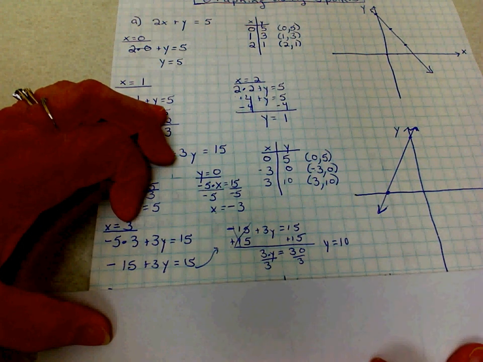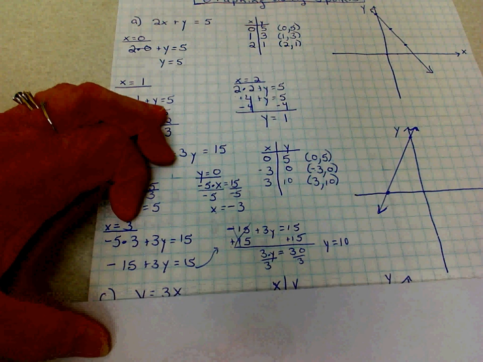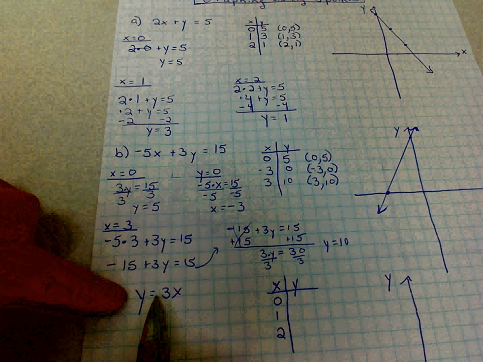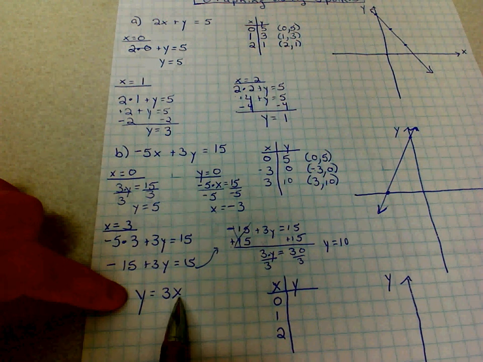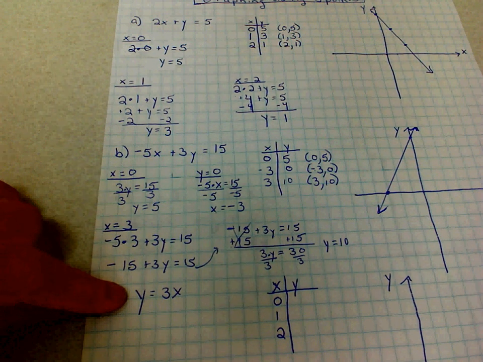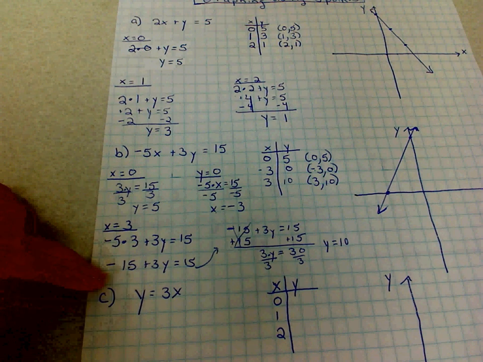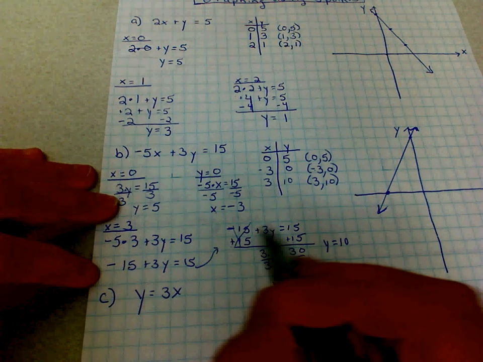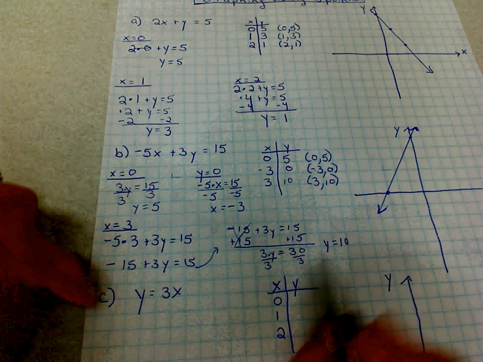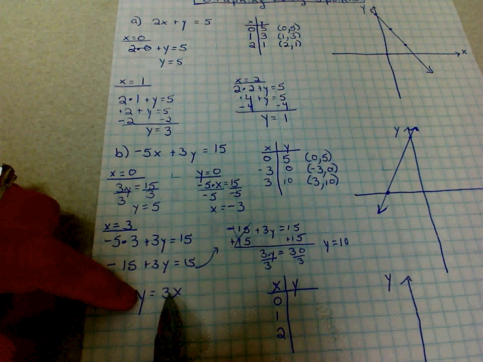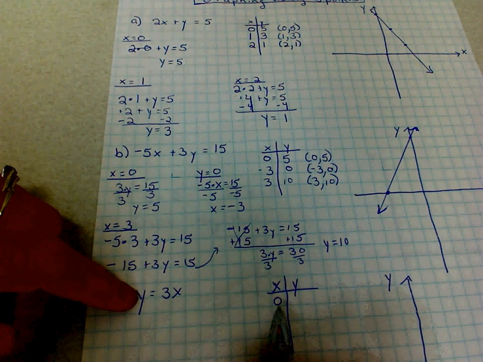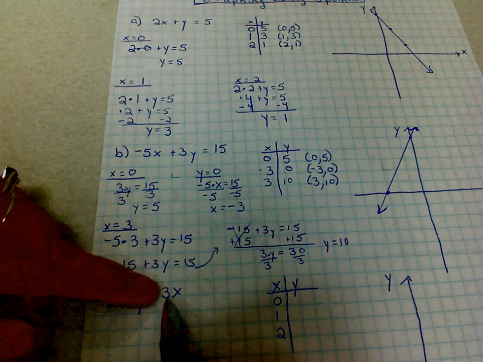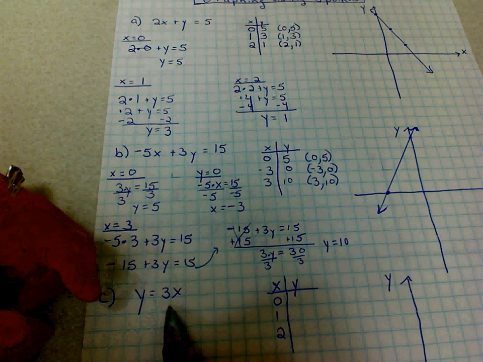Now, the last one we're going to show on this one is y equals 3x. This is not in standard form. This is in slope-intercept form. Since it's in slope-intercept form, I can basically use anything I want for x, because I do not have a fraction in front of my x.